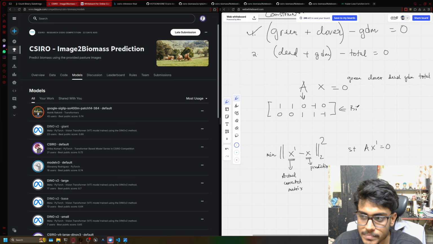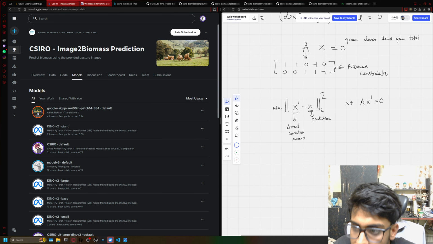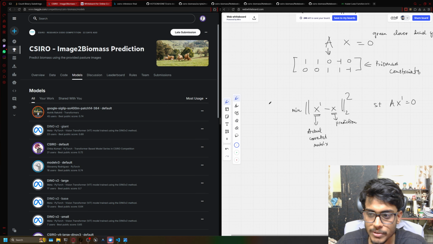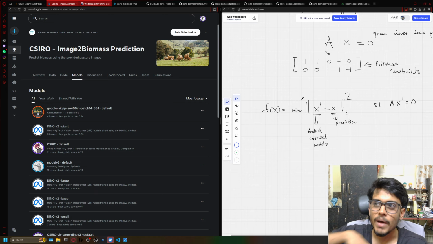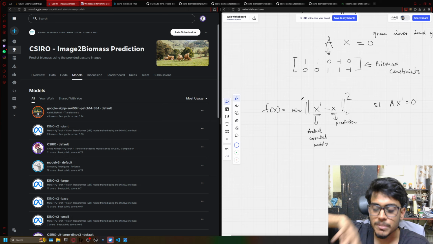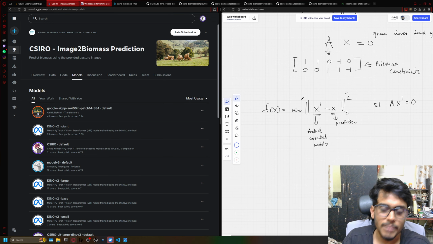Cool. So you can think of this as your f of x. If you have heard about Lagrangian multipliers, where you have a convex function and you have to find the maximum or minimum respecting another constraint function, in that kind of case Lagrangian multipliers help.